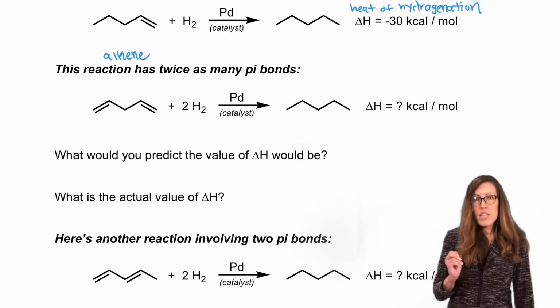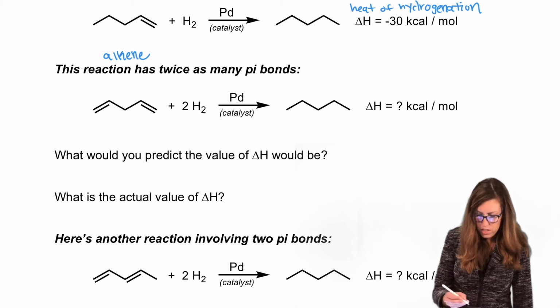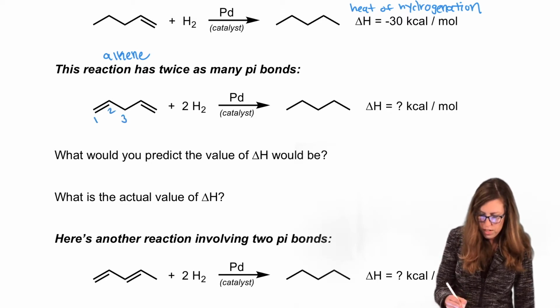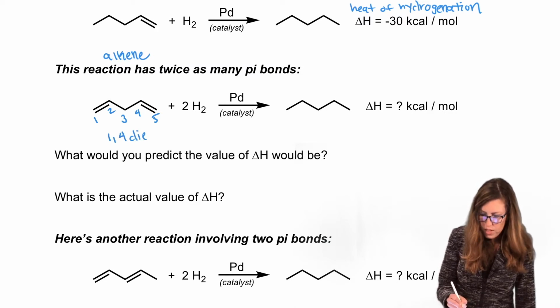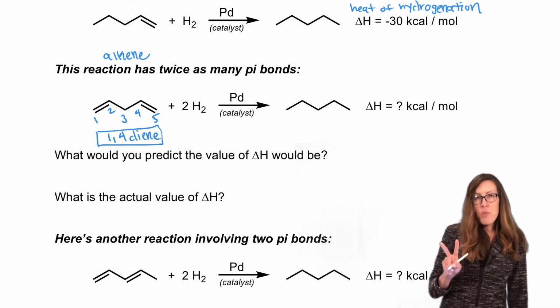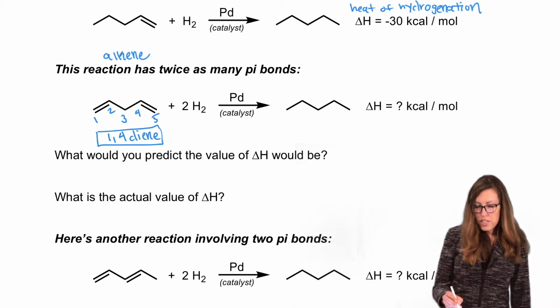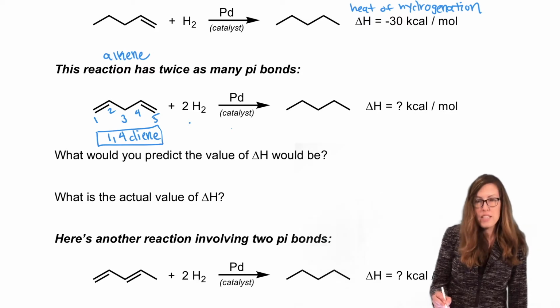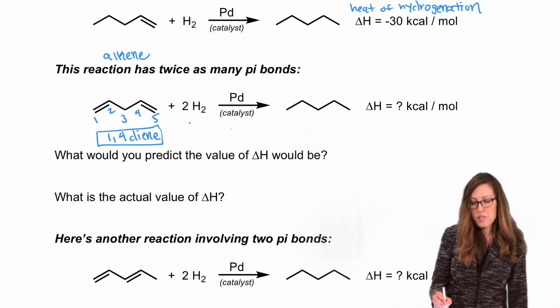All right, so let's do a diene. And which diene are we going to do? 1, 2, 3, 4, 5. We're going to do a 1,4 diene. So that was one we had the question about before. Because we have two pi bonds, we need 2 moles of H2 in the presence of palladium to fully get it to the same exact alkane. So that's the pentane, right?